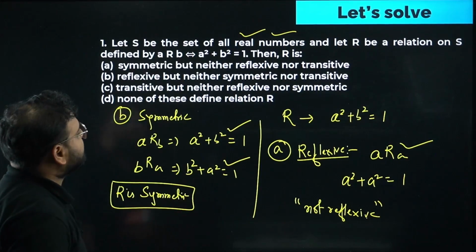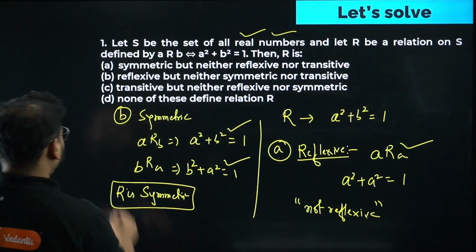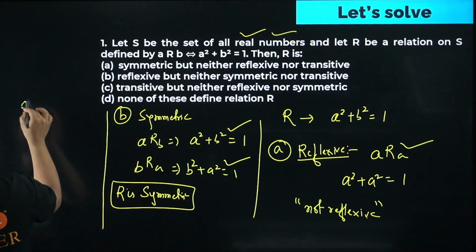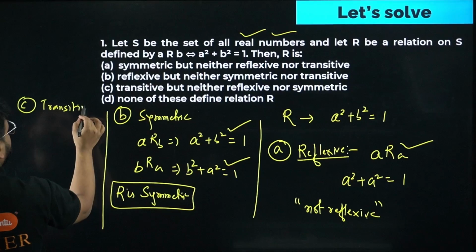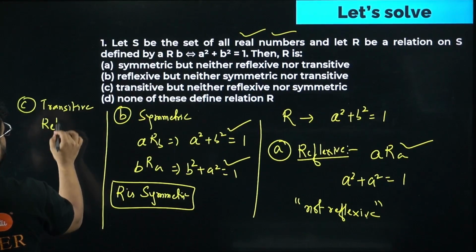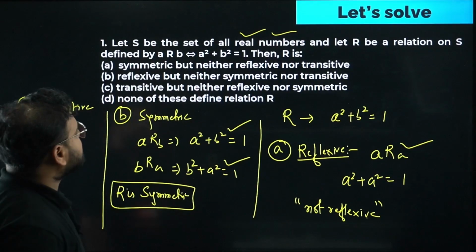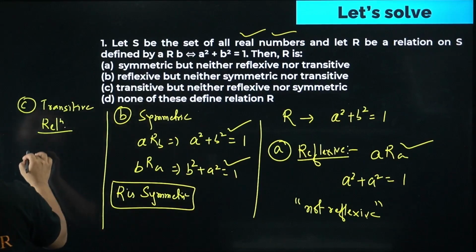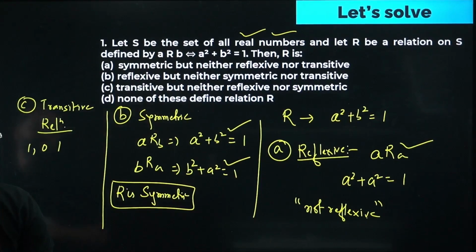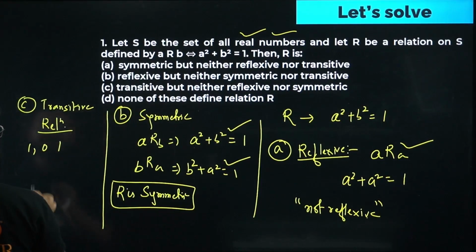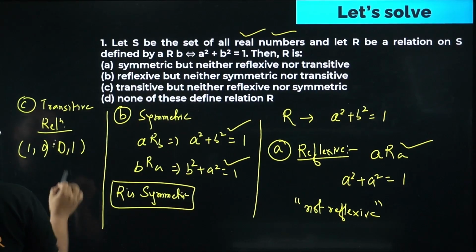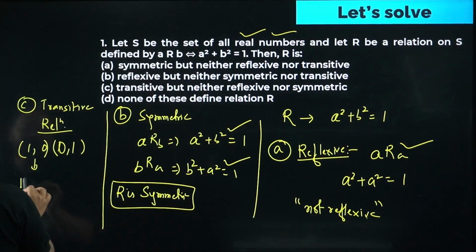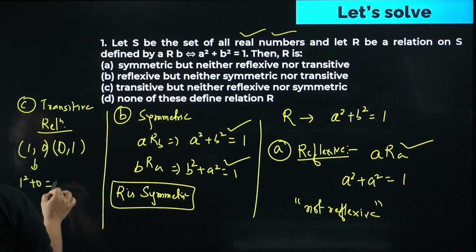Now think about transitive, sir. For transitive relation, let's take the numbers 1, 0, 1. If I take the ordered pair (1, 0), I get 1 square plus 0 square, which is 1.